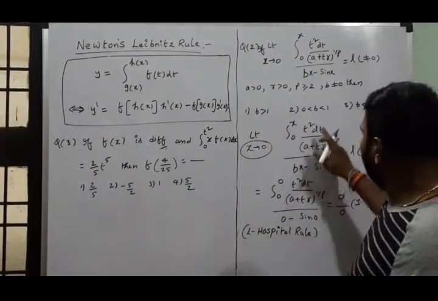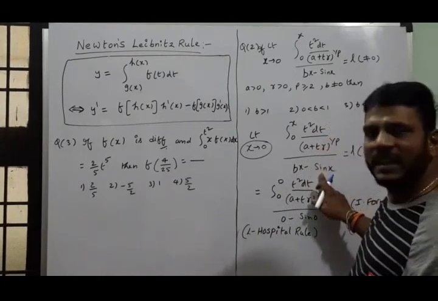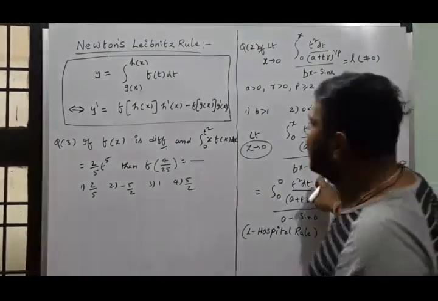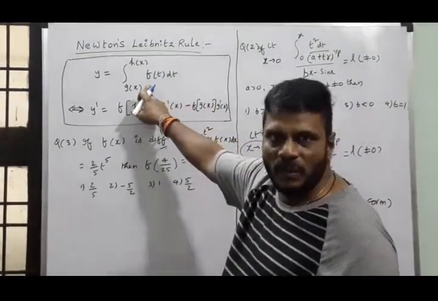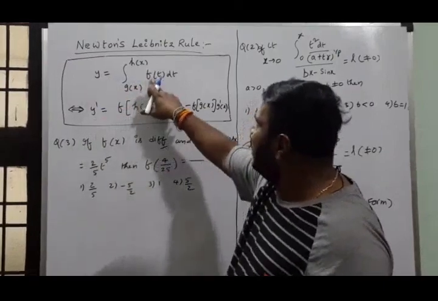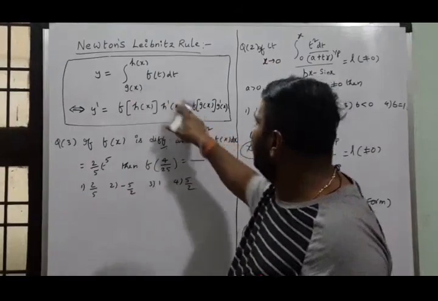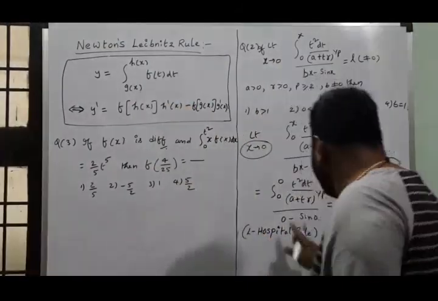So now differentiate the numerator and differentiate the denominator separately. For that, use the Newton-Leibniz rule. So here, what is the derivative of y? F of upper limit into upper limit derivative minus f of lower limit into lower limit derivative. So apply here.